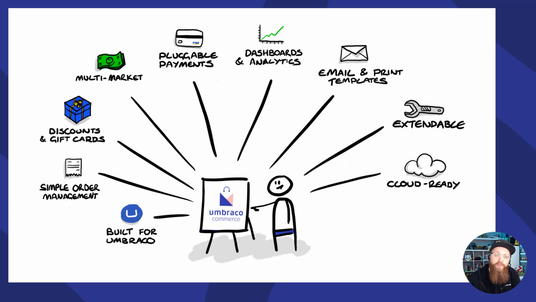We also have a pluggable payment system, dashboards and analytics, email templates, and as you might expect from an Umbraco product, really extendable. So you can customize it and bend it to whatever you need it to be able to do. But the one feature that we're here to talk about today is the new Headless API.